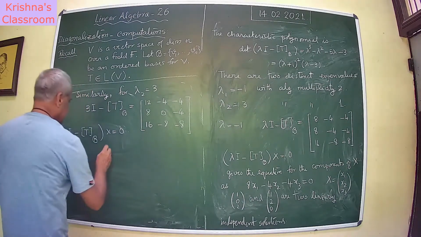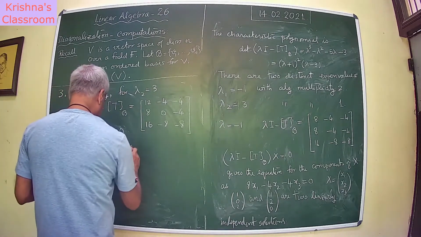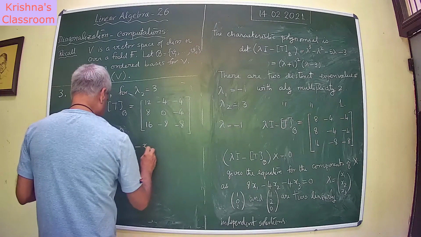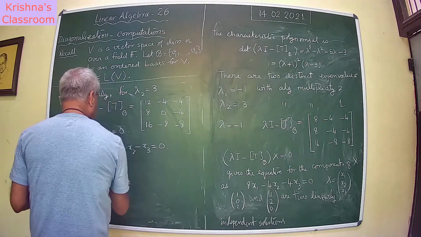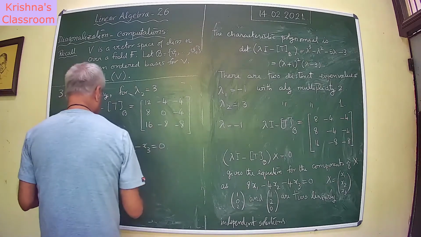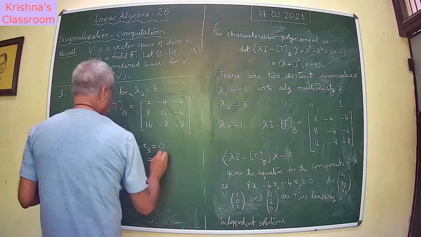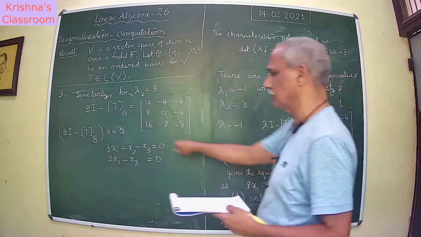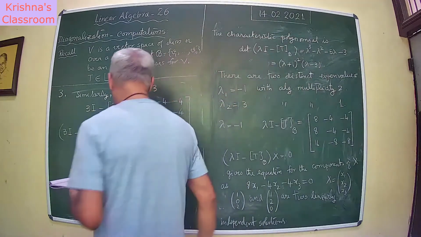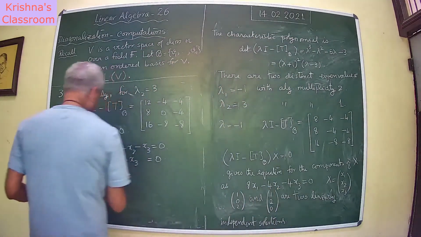They are 3x1 minus x2 equal to 0 and 2x1 minus x3 equal to 0. The factor does not matter because these are homogeneous equations. Therefore, that gives the single solution.